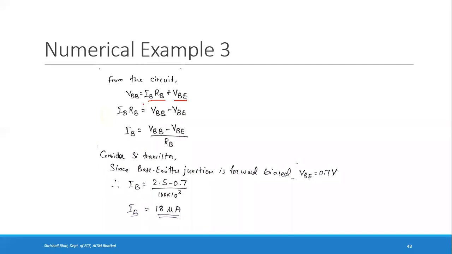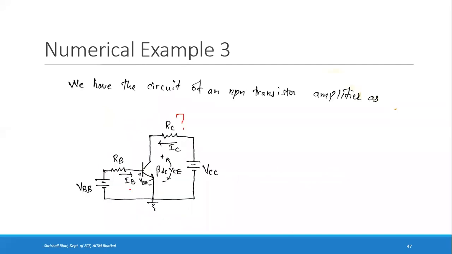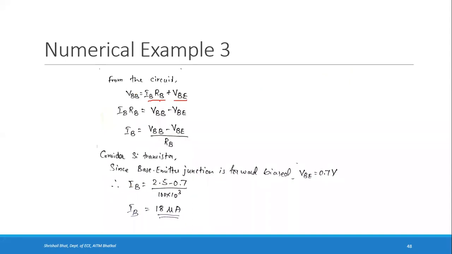So we want to get the value for IB, okay? In that case, if you take VBE to the LHS, you get VBB minus VBE equal to IB RB. If I want IB, then RB can be taken to the denominator of the RHS. So IB is VBB minus VBE divided by RB. This is the equation for IB.